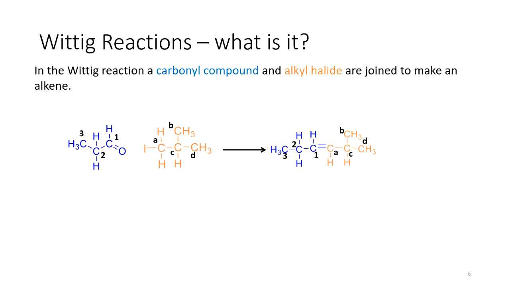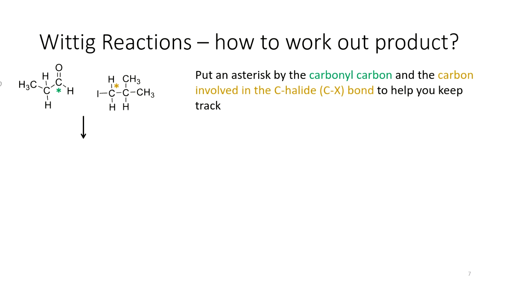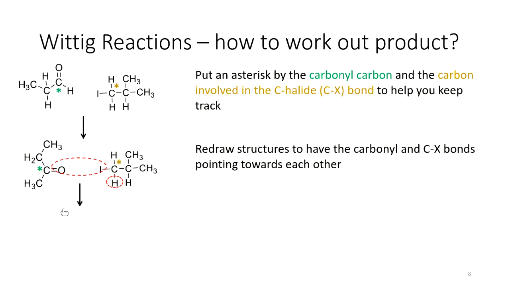It's the same process. We mark our reactive carbons, or carbons that are going to end up in our double bonds. We redraw to orient our carbonyl and our C-halide bond, so we can see where the double bond is going to form, and then we know the groups that we're going to lose: the oxygen, the halide, and one of the hydrogens.